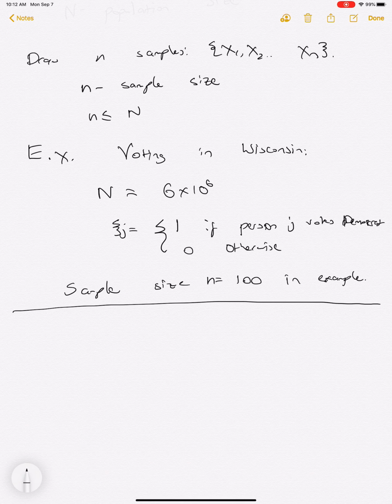And then in the sample that we draw, you can draw any number of samples, but in terms of getting a good survey sample, we discussed a sample size of n equals 100. So you can see that in this setting, your sample size is typically much smaller than your population size. But this is a good example to keep in the back of your mind. In general, when I'm introducing new concepts and notation, it's always good to have a specific example in the back of your mind, just to keep things concrete.